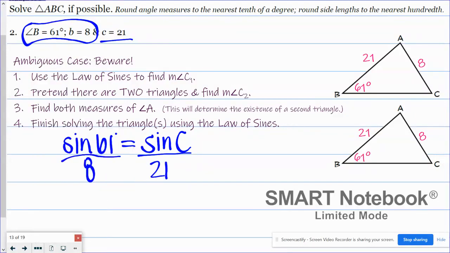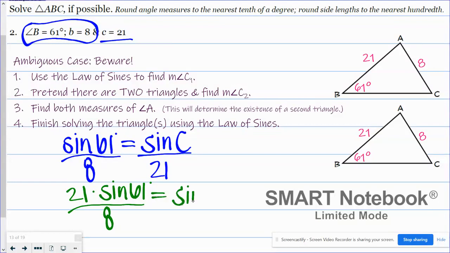I'm going to cross multiply, so I'm going to end up with 21 times sine of 61 divided by 8, and this is going to give me sine of angle C. So I'm going to calculate what the decimal is, and then I'm going to take the inverse sine of that decimal. So to the calculator.